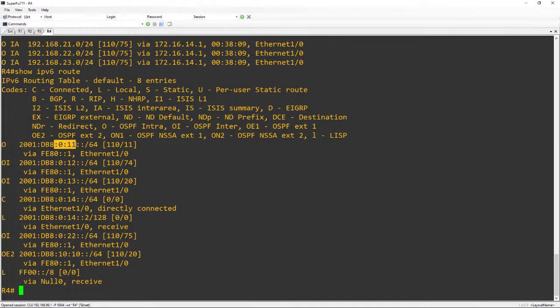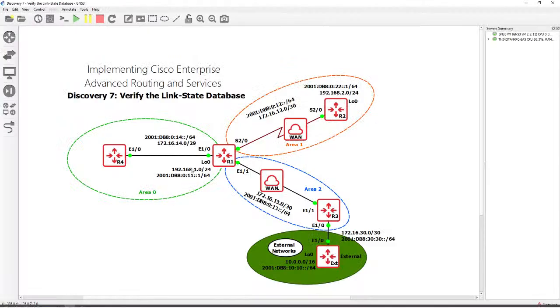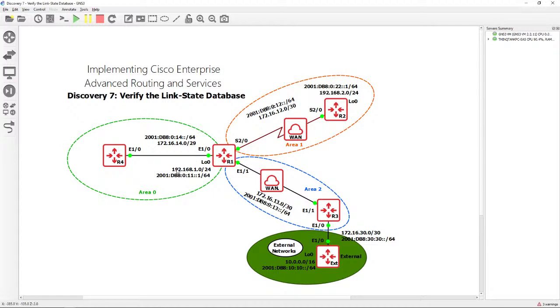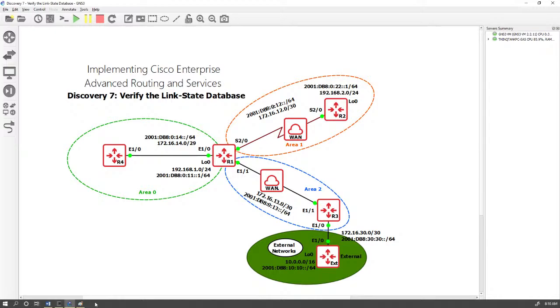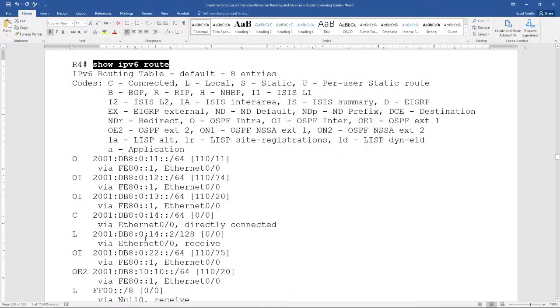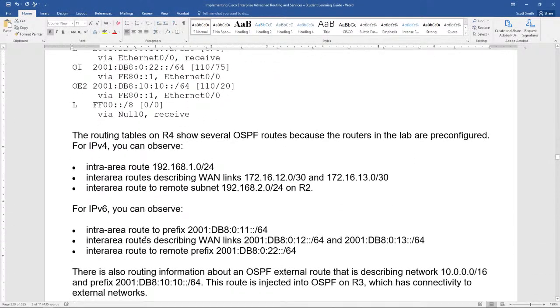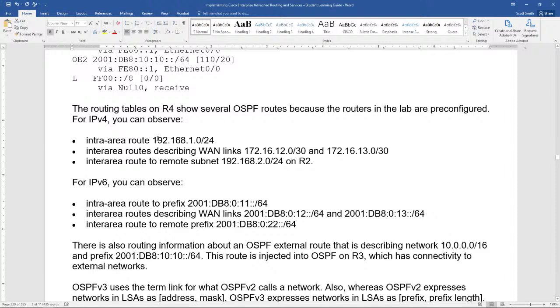And then there's the 11 network that's coming from this loopback right here in router 1, right? So that's exactly what we would expect to see. So our routing table looks like it's fully converged. We have those, like I said, the O routes, which are our intra-area routes.